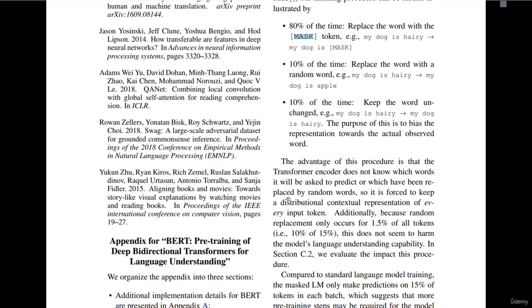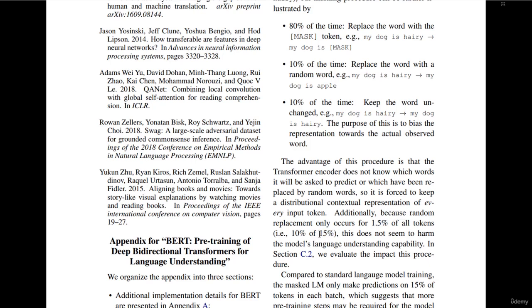Also note that this random replacement may be seen as a harm to the model's language understanding capabilities. Nonetheless, this is only 1.5% of all the tokens, since 10% of the 15% of all the tokens gives 1.5%.